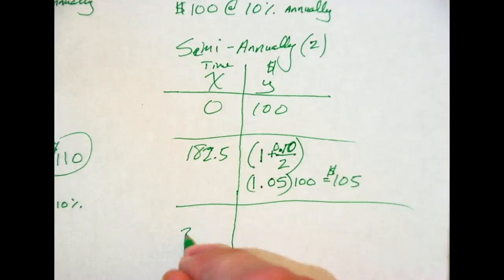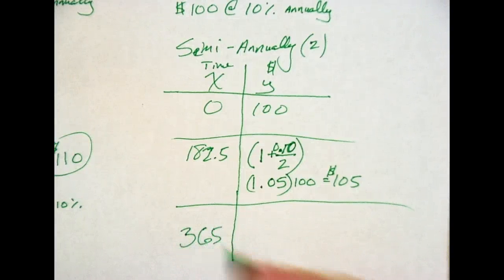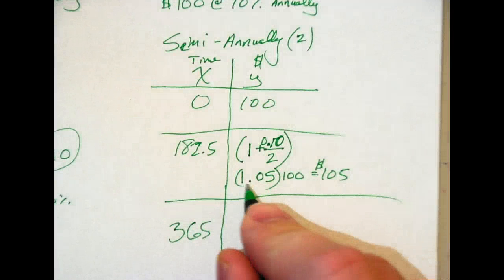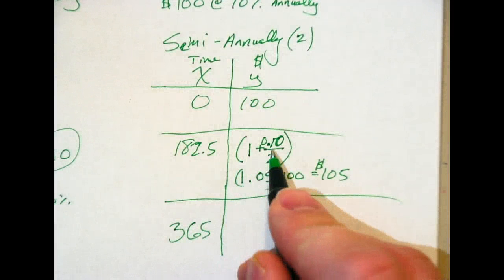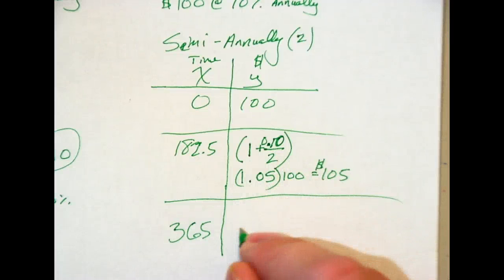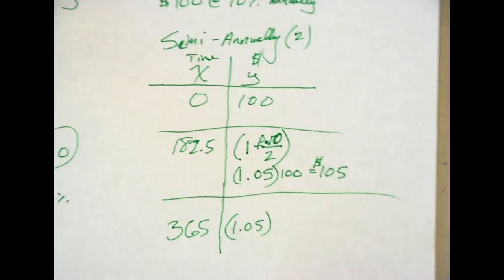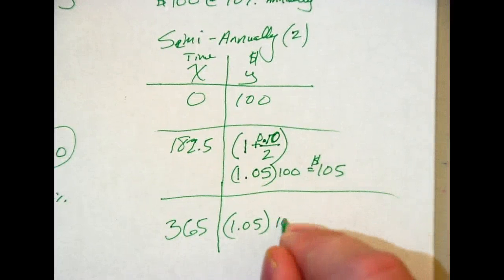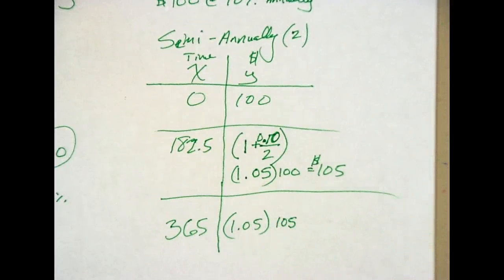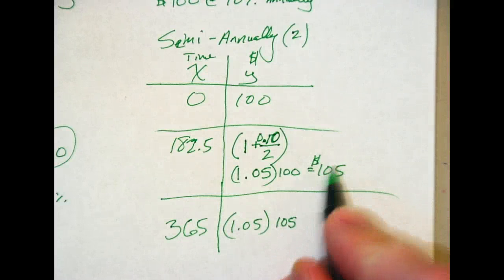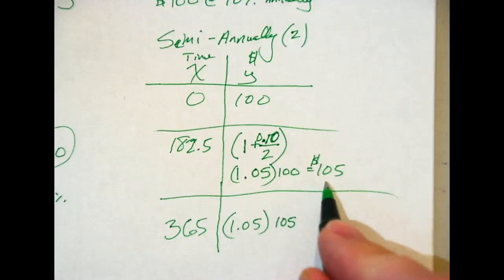When's it going to compound again? 182 days. On the 365th day, 182 and a half days later, it's going to compound again. You get probably the same rate, right? 1 plus 0.1 divided by 2. So 1.05 of what? 105. Now, you get a percent of your capitalized amount.